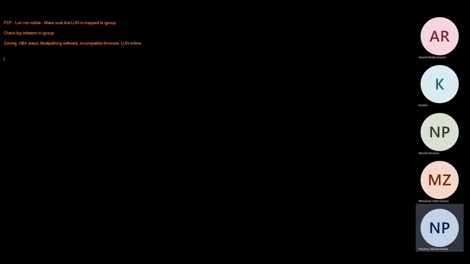and when it comes to performance issues on FCP, again the same thing: is the node overloaded or not, you need to check the same way. Calculate the aggregate IOPS, calculate how many volumes you have kept on that aggregate, what the aggregate utilization is, what the node utilization is.